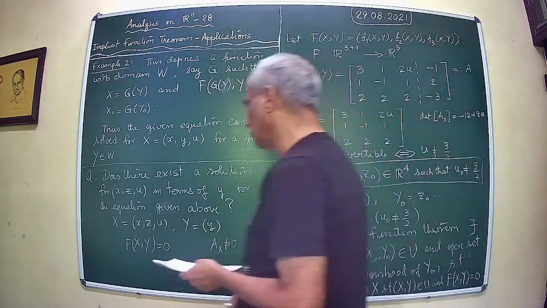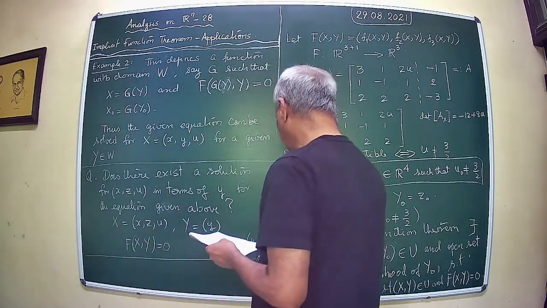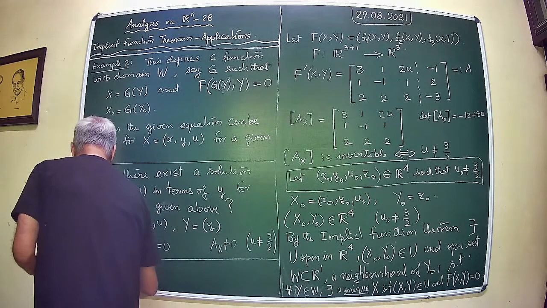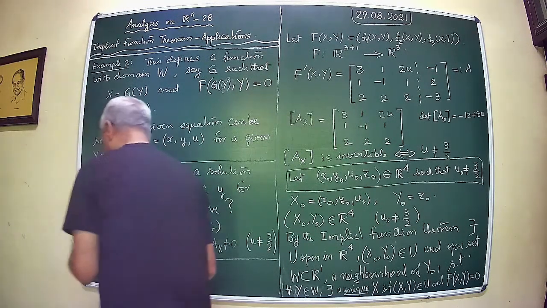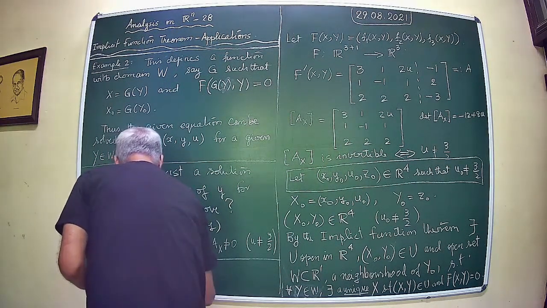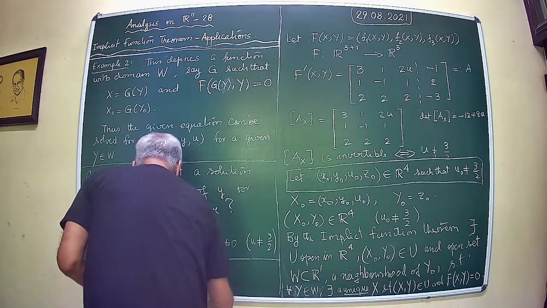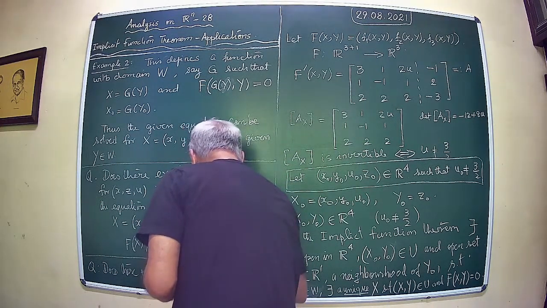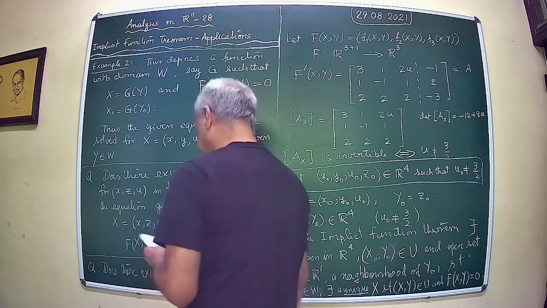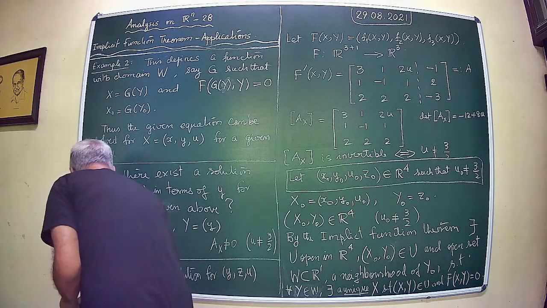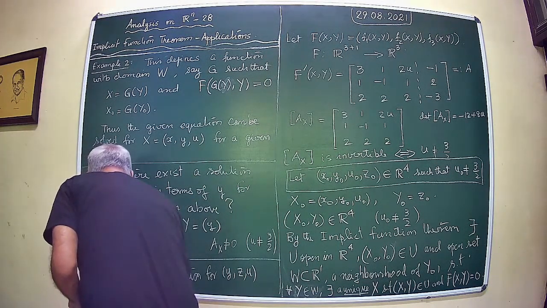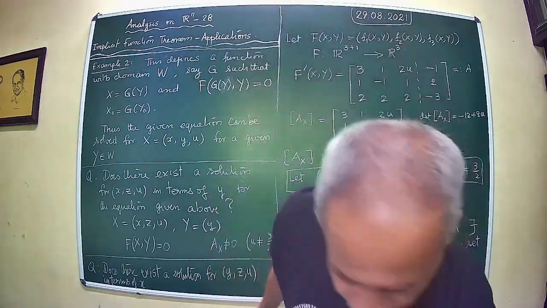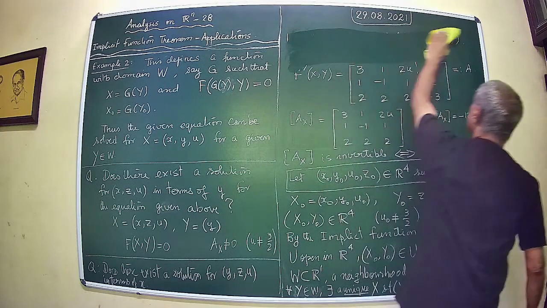Once again, if you take up the third question for the same problem, does there exist a solution for (y, z, u) in terms of, now this is again possible because you can use the same argument.